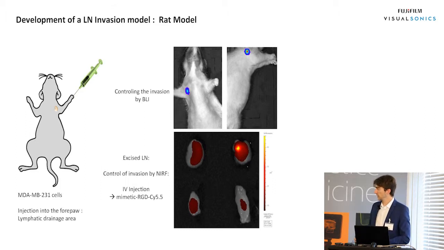And we also validated this invasion using a targeted dye, RGD mimetic dye targeting integrins linked to the cyanine 5.5, and we injected this probe 24 hours prior to access the lymph nodes. As you can see here, the invaded lymph node as compared to healthy lymph nodes.